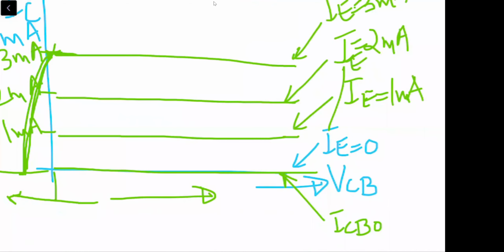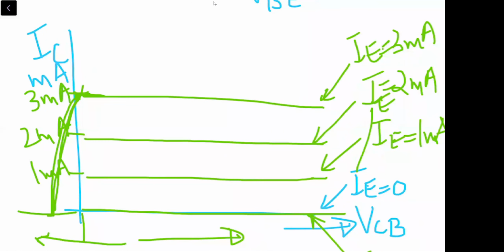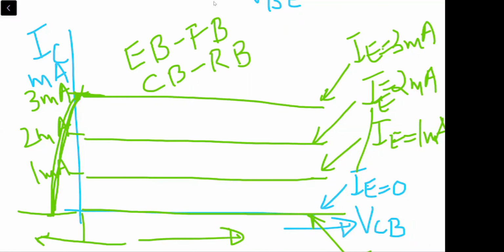So the normal operation of the transistor occurs when we have the linear curve. In the linear curve, the region is where the emitter-base junction is forward biased and the collector-base junction is reverse biased, right?